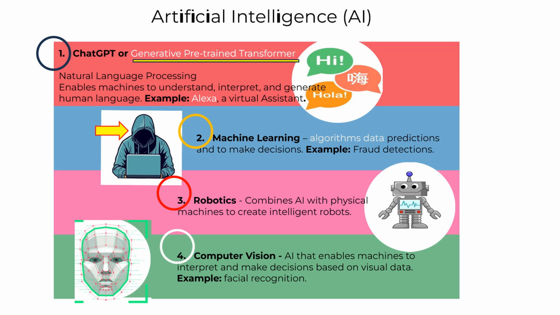Number 4, computer vision, our last component. Computer vision's specific role is to use machines to make decisions based on visual data. This category is where users set their smartphones to facial recognition.